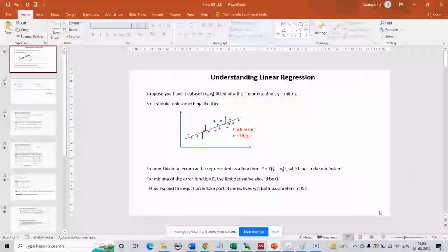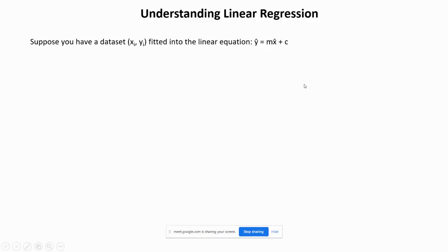This is a very basic introductory chapter on how you correlate data sets, right? So suppose you have a given data set. For any given linear regression, if it is a two variable problem, you have one independent variable and you have one dependent variable.